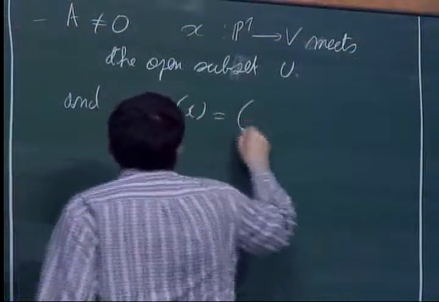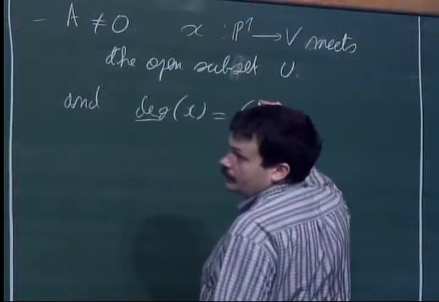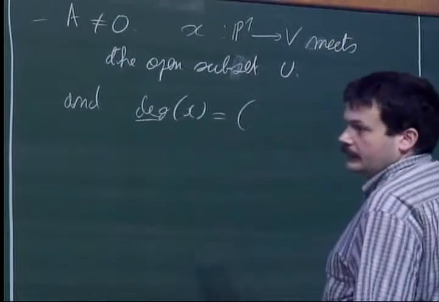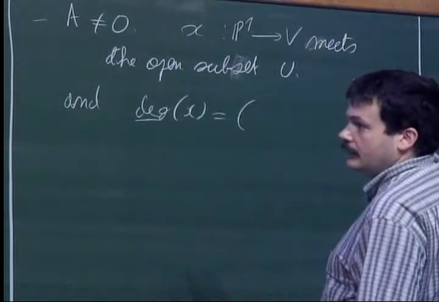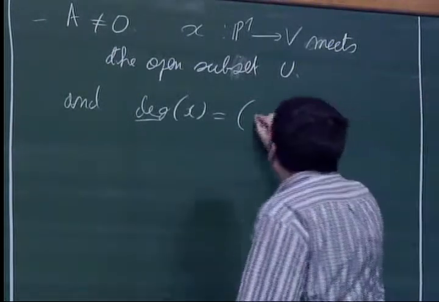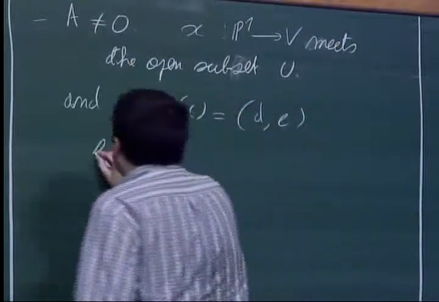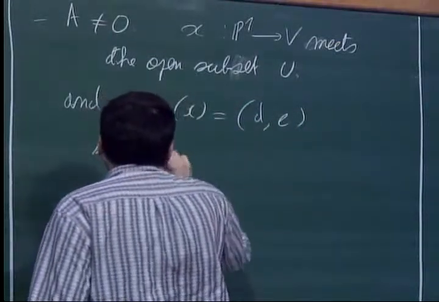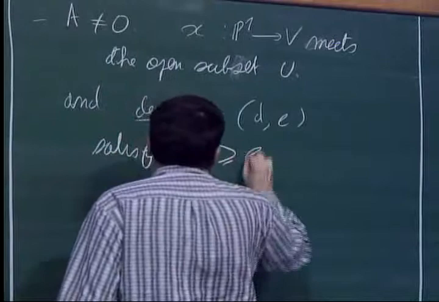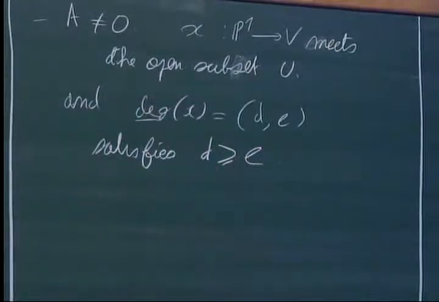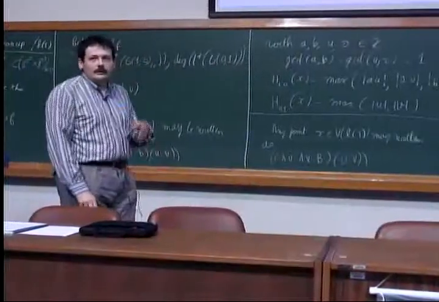So let's write it with d and e: either the degree d is equal to 0, or it's bigger than e.